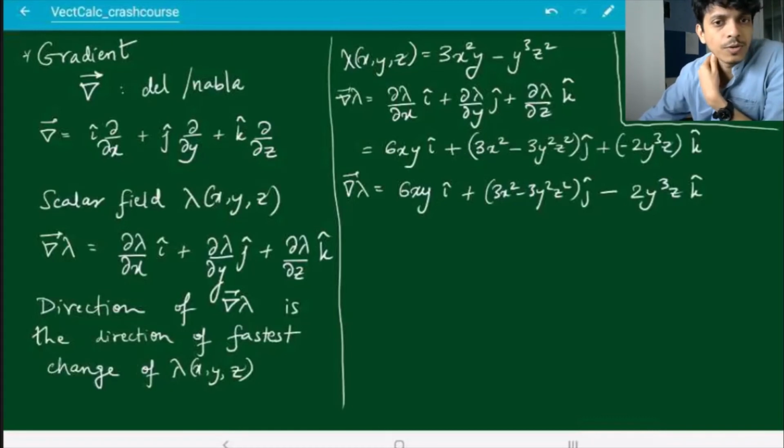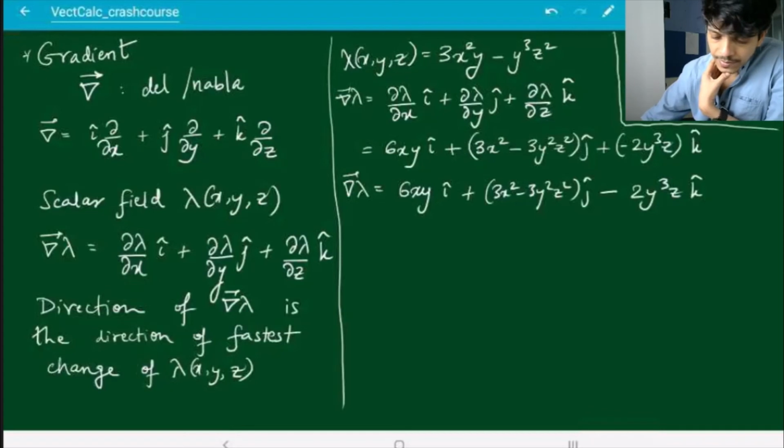As long as you know how to take partial derivatives, calculating the gradient is extremely easy. So this is how you define the derivative for a scalar function when you are sitting in multiple variables. When you have xyz coordinates, here's how you would define the gradient of a scalar.